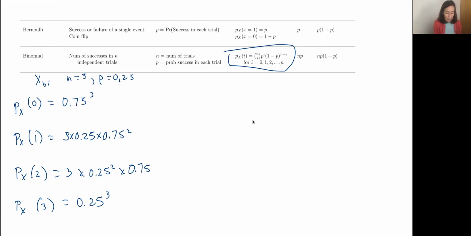Okay, so the way we got these probabilities was by looking at the outcomes that corresponded to each of these events: the event of 0 successes, the event of 1 success, of 2 successes, and of 3 successes.